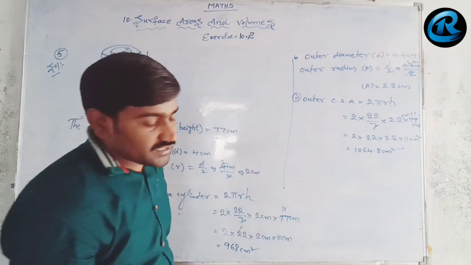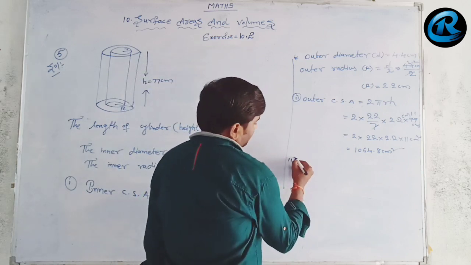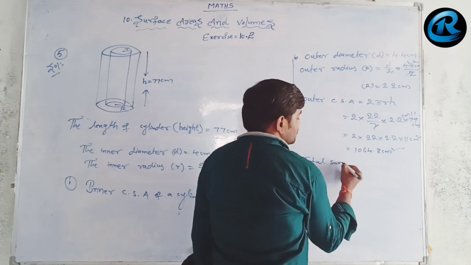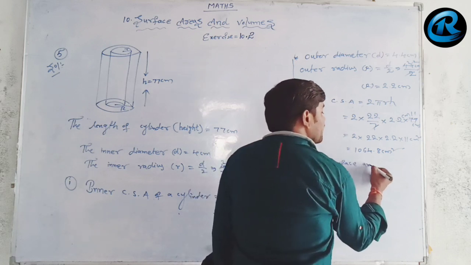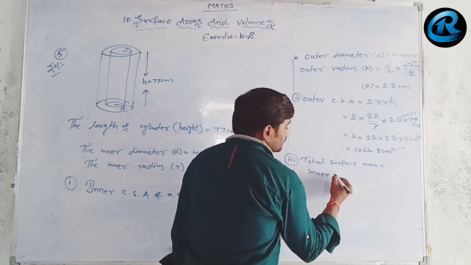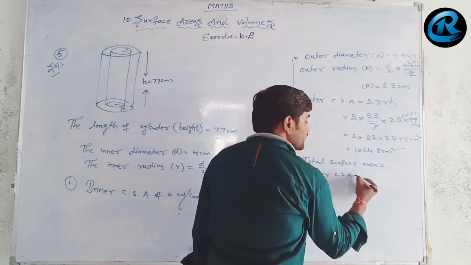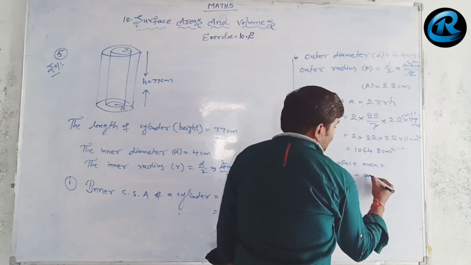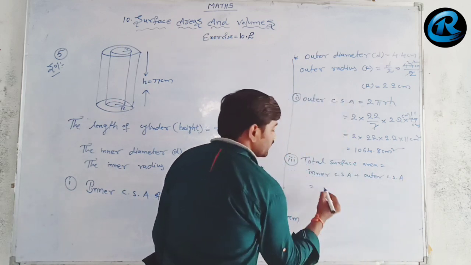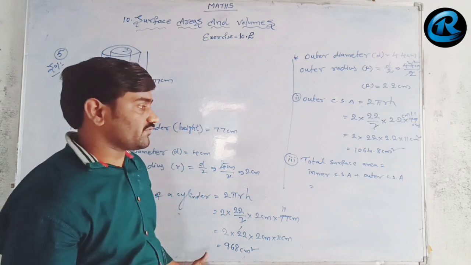Now the total surface area. Total surface area is equal to, what we need to do here? Inner curved surface area plus outer curved surface area. That both we need to add so that we get a total surface area.